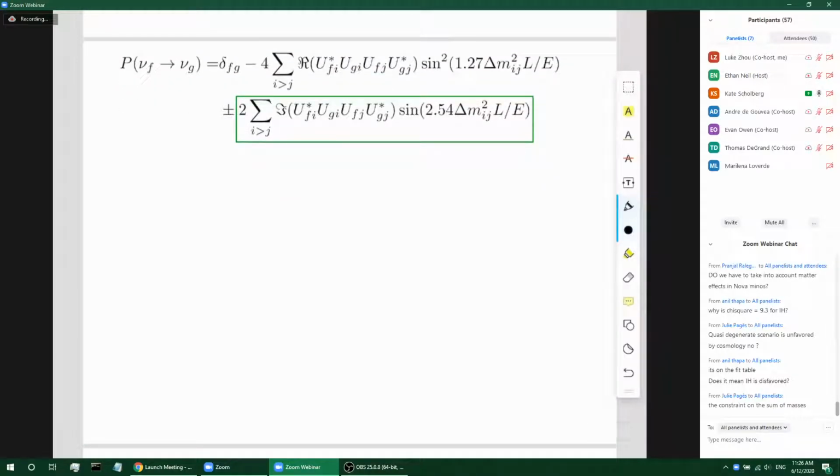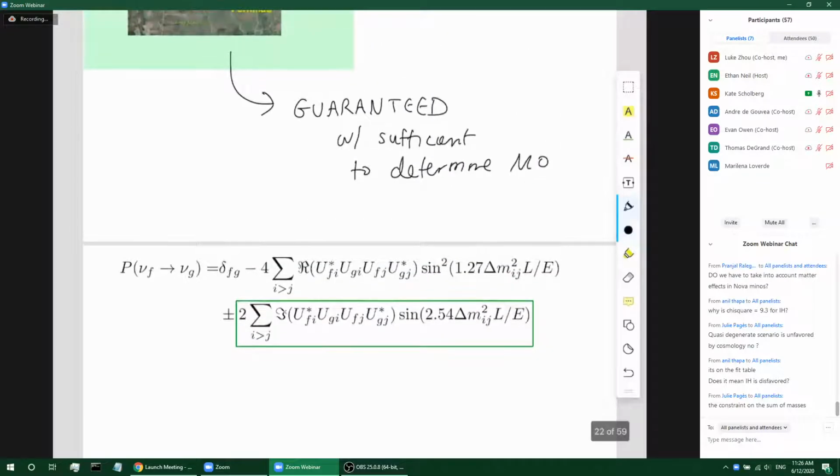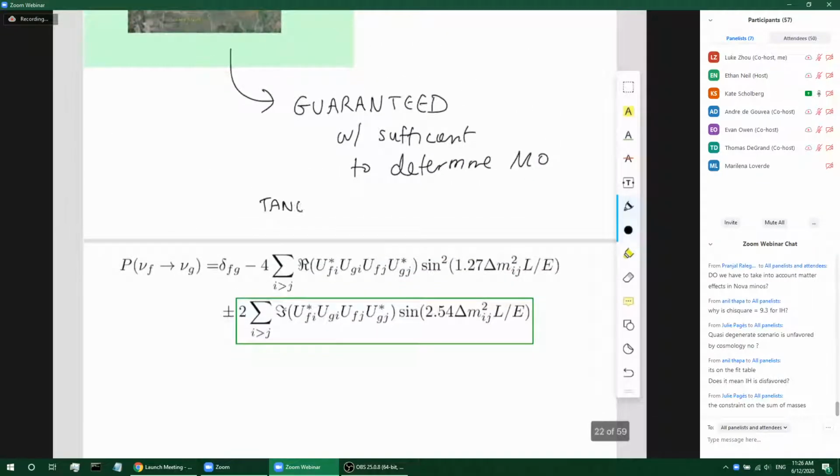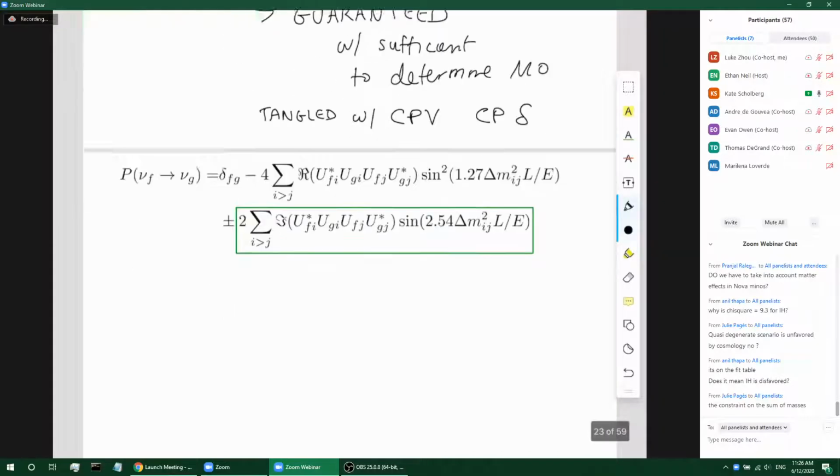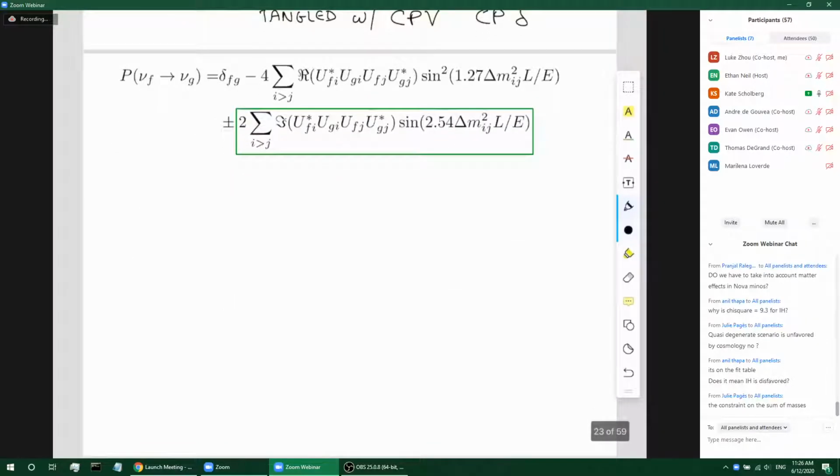It's guaranteed here, but the signature, the observable, is tangled with CP violation as well, with the CP delta. Just to show that, here's the oscillation probability for three flavors that you've seen before, I think at least once, probably from Alex's talk as well.